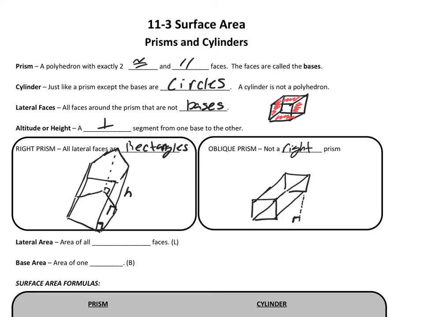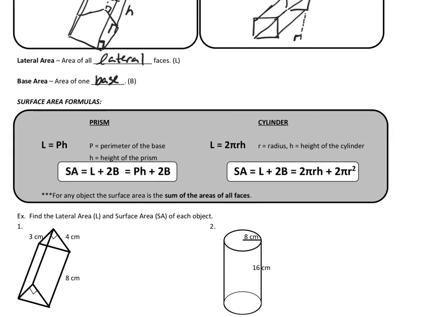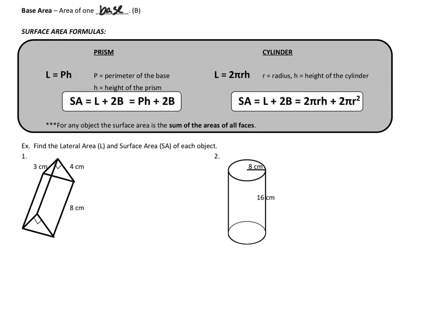When we talk about lateral area, that's the area of all of the lateral faces. I'm just going to shorten that as L. The base area is the area of one base, and we're going to shorten that to B. We're going to use those in our formulas for the lateral area and the surface area of a specific type of prism or cylinder.